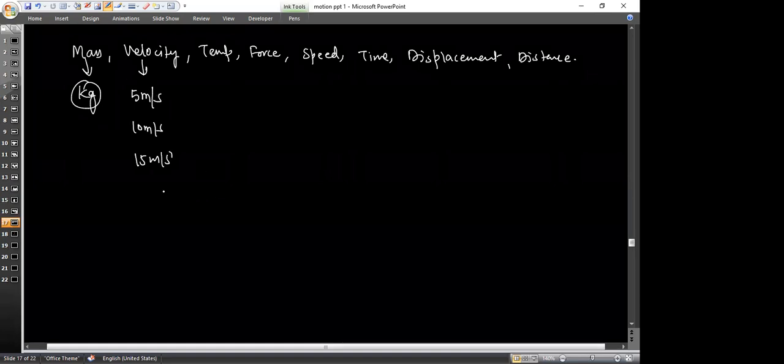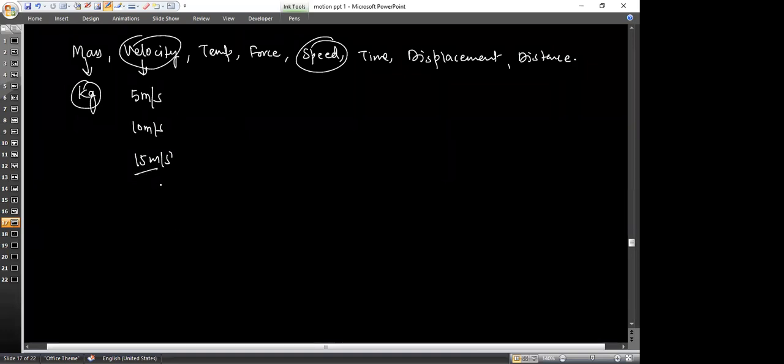But there is one thing: when an object is traveling with a speed of 5 meters per second, it is going to have some direction. There is only a single difference between velocity and speed: velocity has magnitude as well as direction.